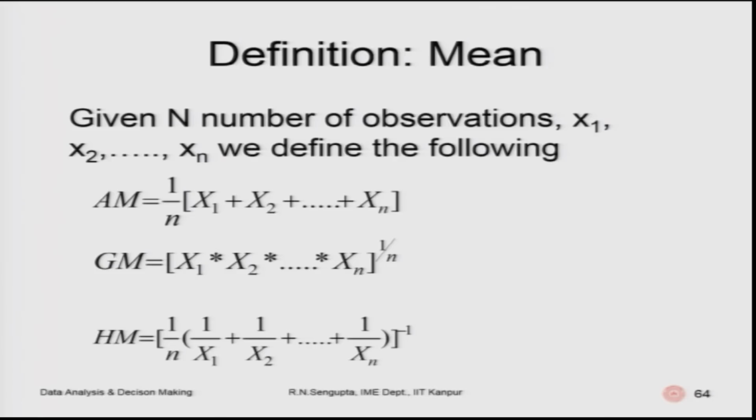So, the arithmetic mean would be denoted by the weighted sum of those n observations. Now, notice very carefully, when I add up all the observations x 1 to x n, it technically means the number of such observations for x 1, x 2, x 3 is 1 at any point of time.